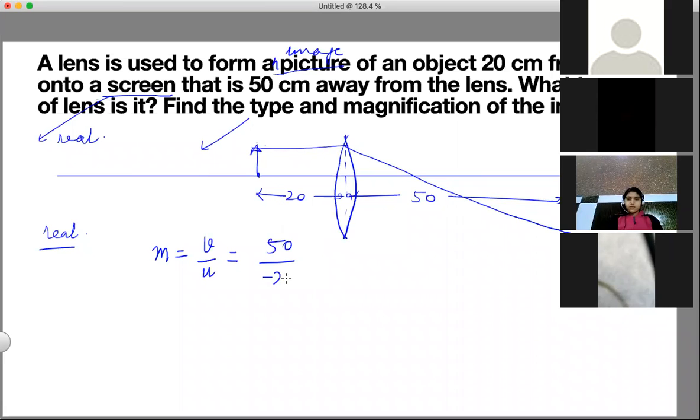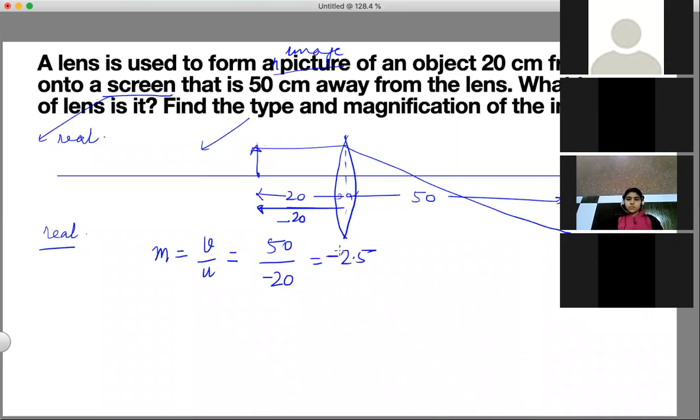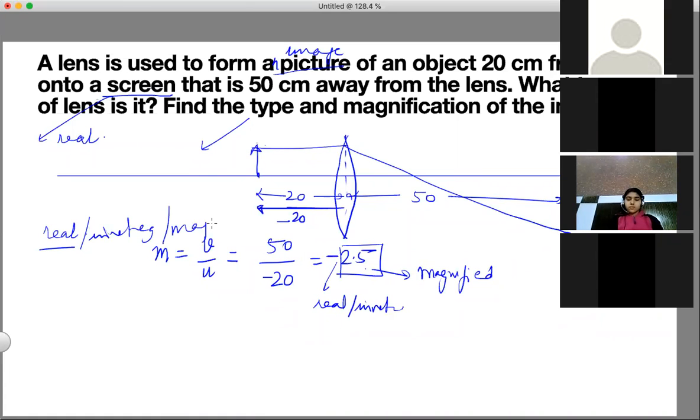Very good. U is minus 20. We always measure from the optical center, and it's going towards the left. It is minus 20. Okay, so it is 2.5 minus. Okay, now 2.5 is bigger than 1, means magnified. Okay, the sign is minus, tells us it's real and inverted. So it's real, inverted, and magnified. This is the full type definition, and magnification is minus 2.5.